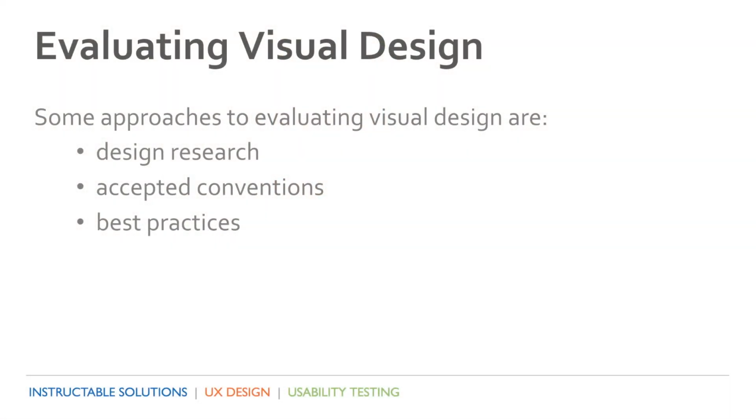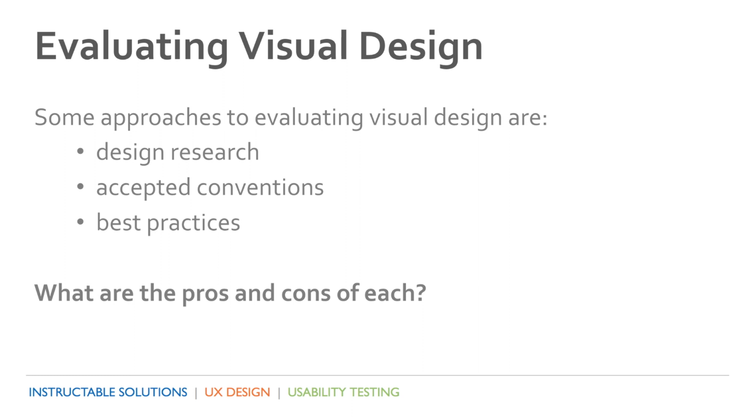And as we mentioned before, best practices should be followed as much as possible when evaluating visual design. Determine your methodology by making sure you're very familiar with what best practices are in your subject matter. And what are the pros and cons of each? Is it better to stick with accepted conventions, best practices, or take lead from some of the design research?